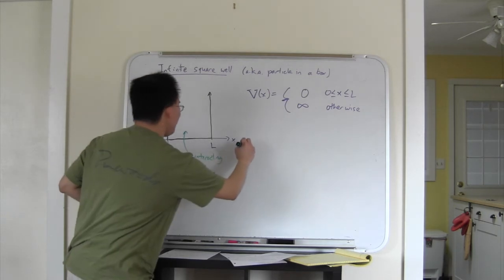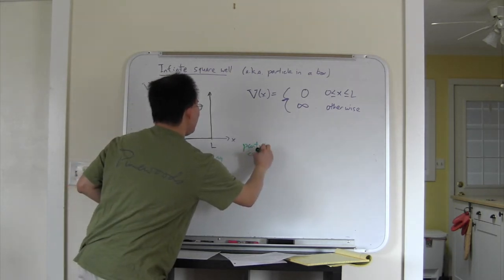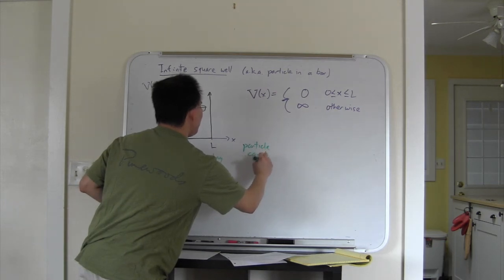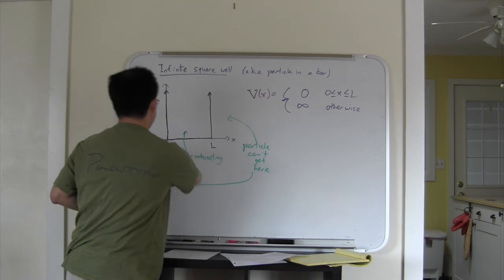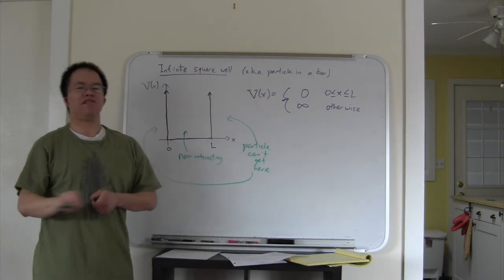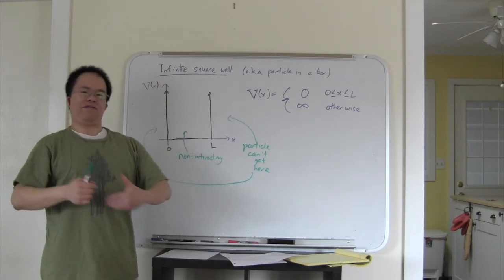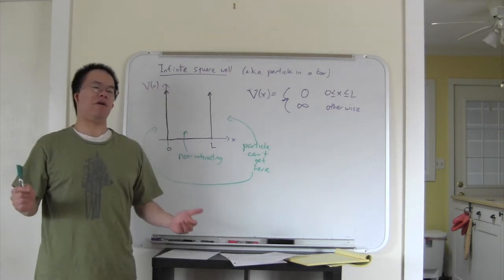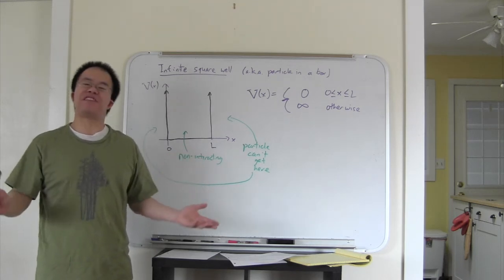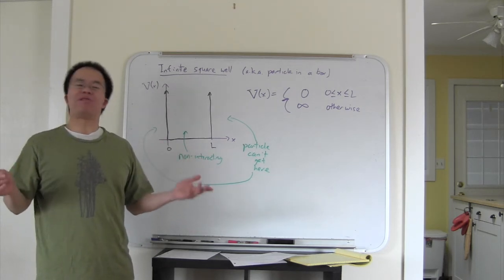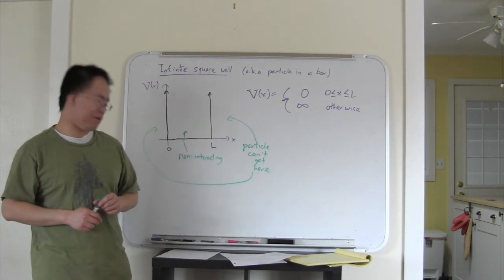The particle can't get here, or over there. So you should think of this in some sense as a particle that's free to move between 0 and L, but is confined by essentially infinitely hard walls at 0 and L.